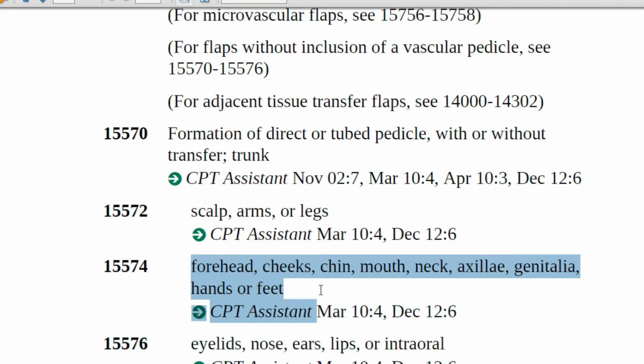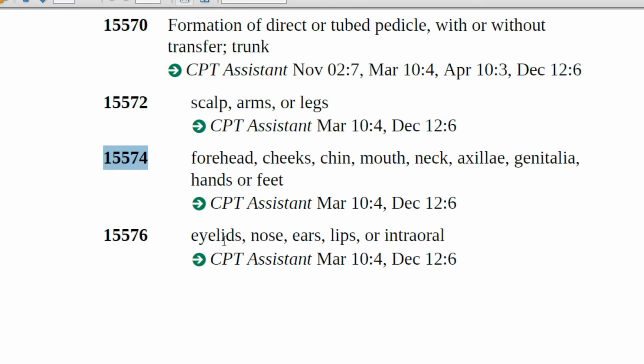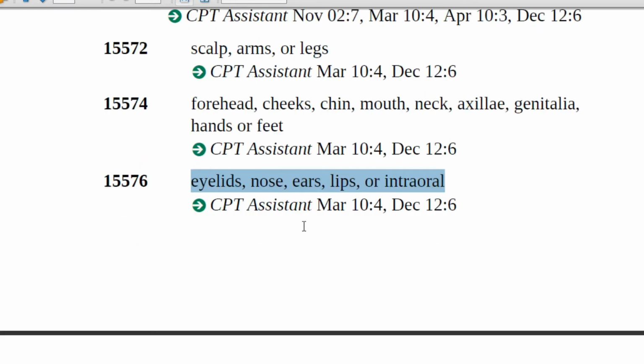And again, if this procedure is performed on the forehead, cheeks, chin, mouth, neck, axilla, genitalia, hands or feet, you can assign 15574. And if it is performed on the eyelids, nose, ears, lips or intraoral, then you can assign 15576.